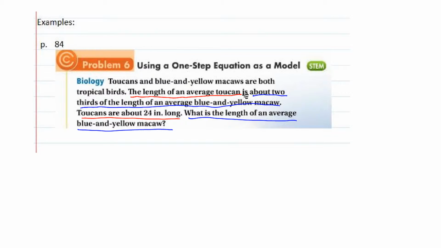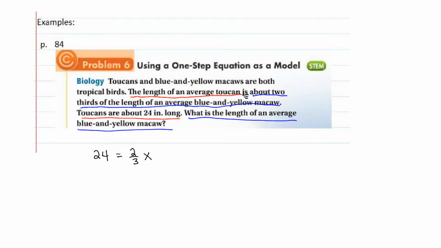So now we're going to write this equation. We've got the length of an average toucan, which is 24 inches. And we know is means equals 2/3 the length of an average blue and yellow macaw. So that is what we're trying to find.